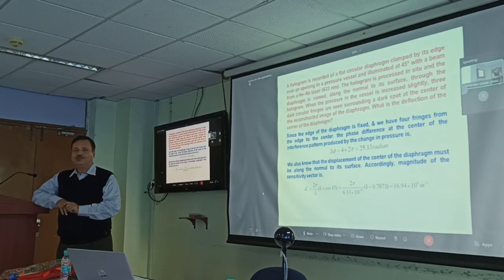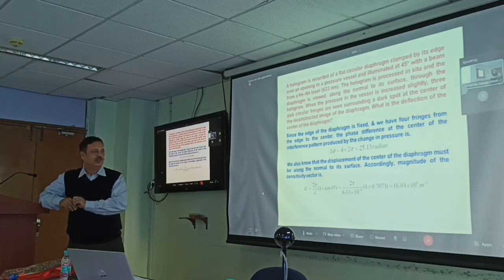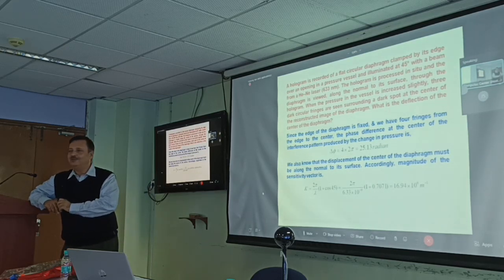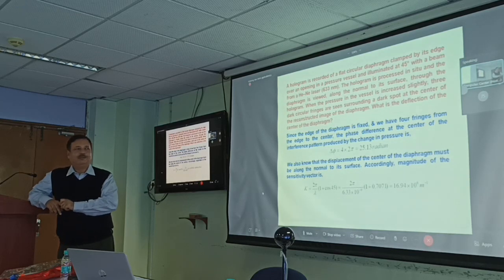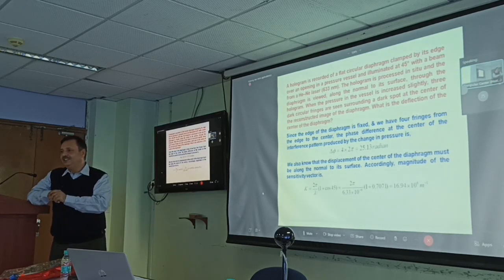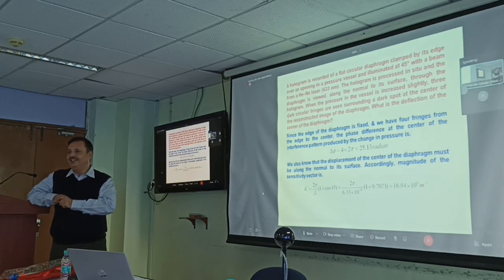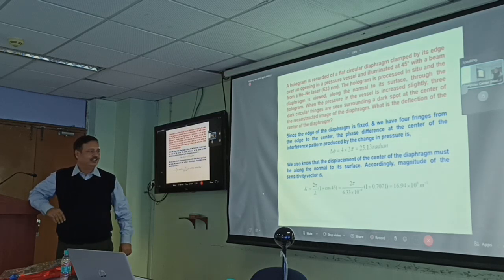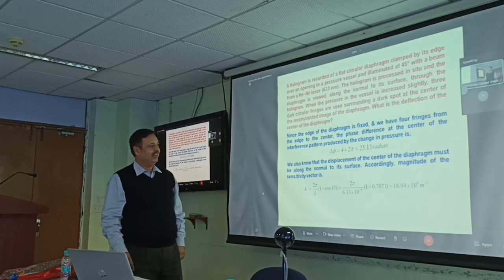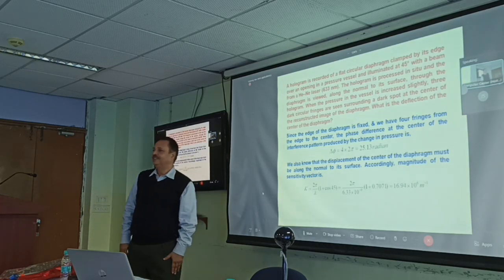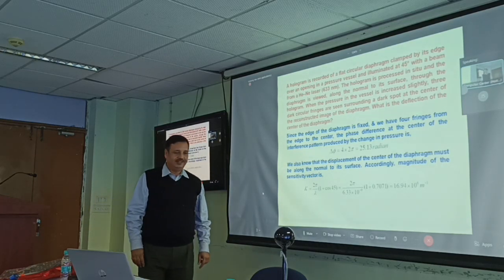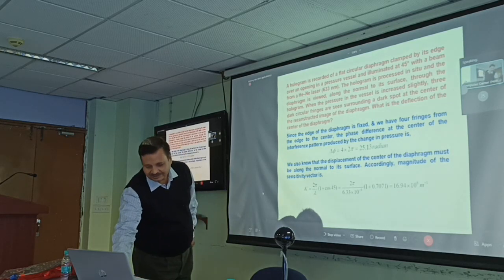Cos 45 degree is 0.7071, so 1 plus 0.7071. Lambda is the helium neon laser, 633 nanometer, so 633 into 10 raised to the power minus 9. Calculating this, it becomes 16.94 into 10 raised to power 6 per meter. This is your sensitivity vector capital K.